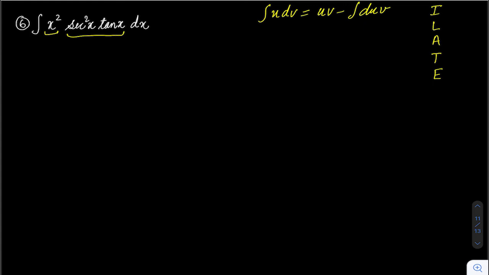So if I look at this question like this, then I can say if I take my u as x square, let's see what happens. If I take my dv as this whole function, secant square x into tan x, if you have done enough integration, then you understand that we can easily find the integration of secant square x into tan x.